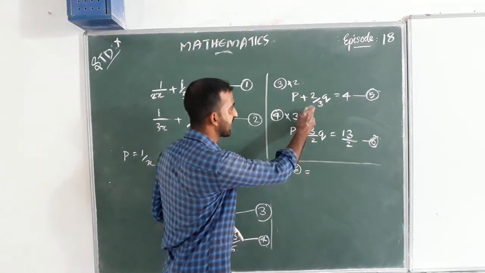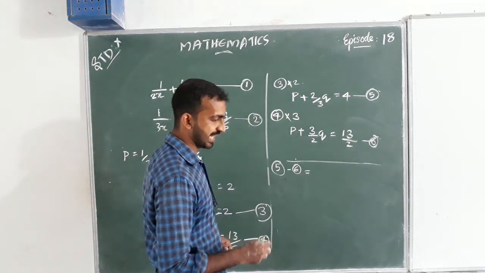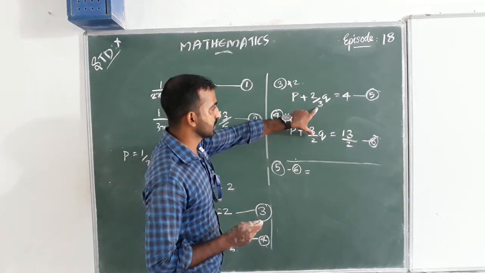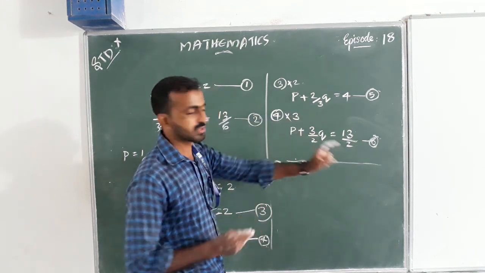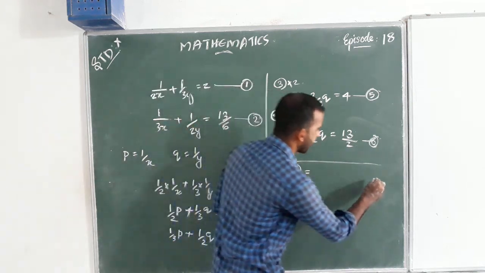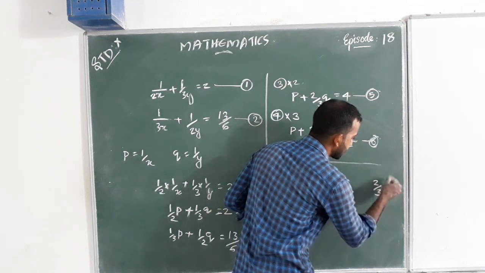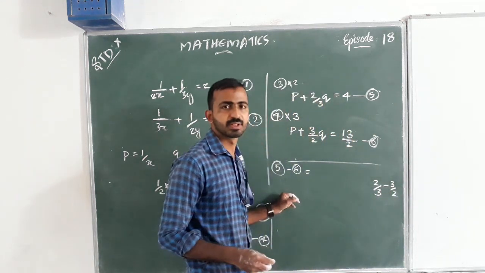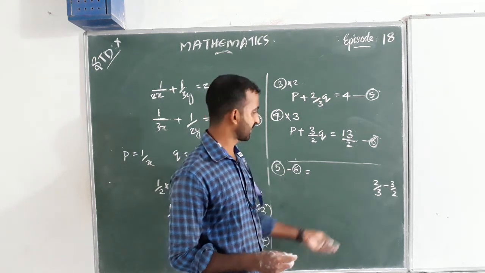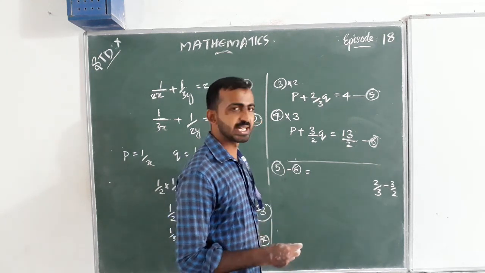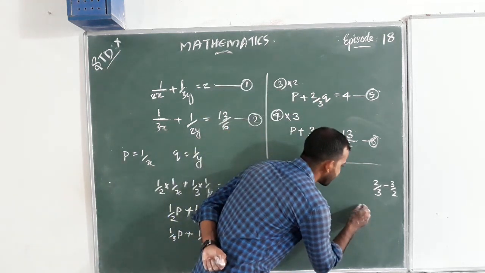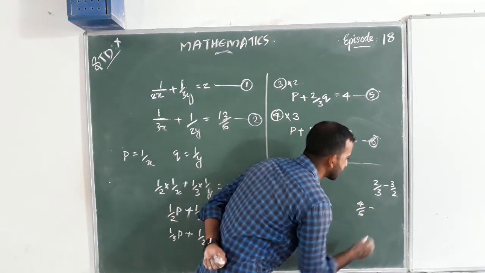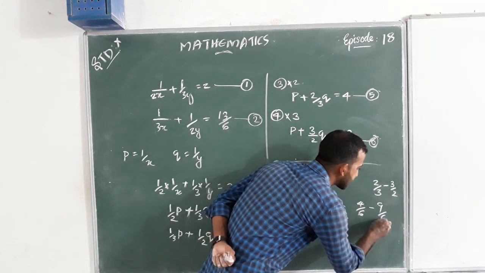And what is next? 2 by 3 minus 3 by 2. Here the LCM is 6, 3 and 2 we get 6. That is, here we can write 4 by 6 minus 9 by 6.